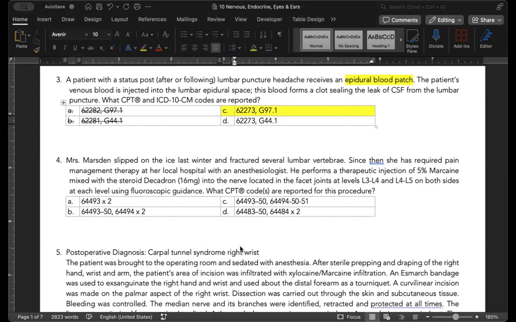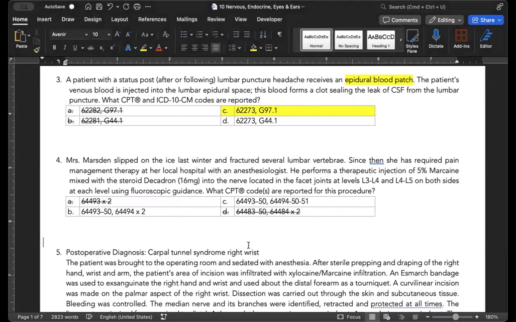Okay, so I've got a few in the chat that say letter B. What makes you think it should be B instead of C? Well, for me, the reason why it's not C is because 64494 is an add-on, and the modifier 50 and 51.